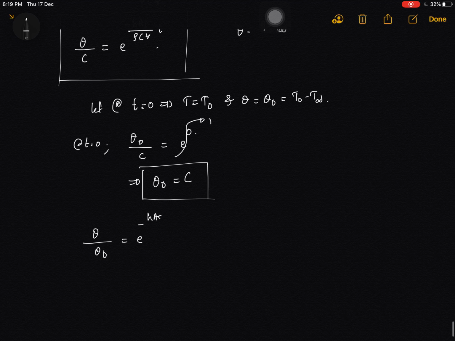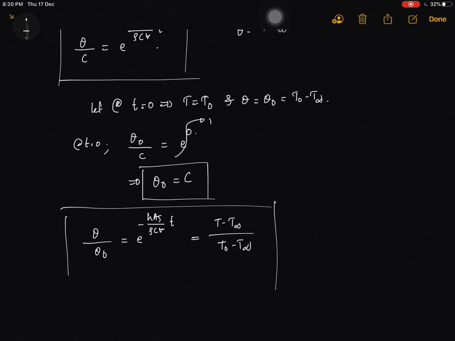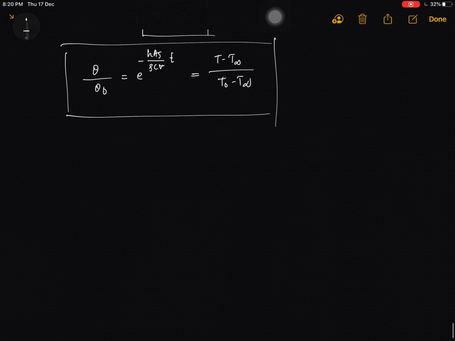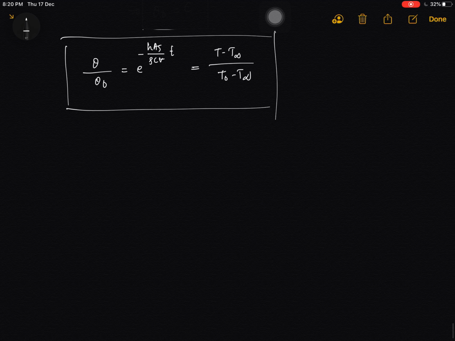Applying this constant into the above equation, we can write theta by theta 0 equal to e raised to minus h A_s by rho C V into t, which is nothing but (T minus T infinity) by (T0 minus T infinity). So this is the particular equation for lumped capacity analysis.